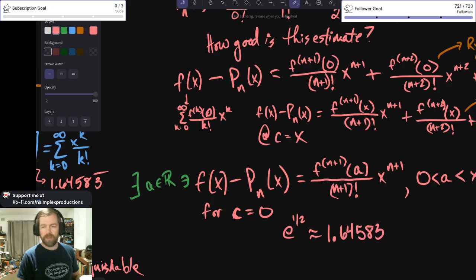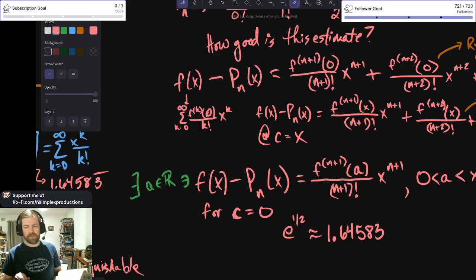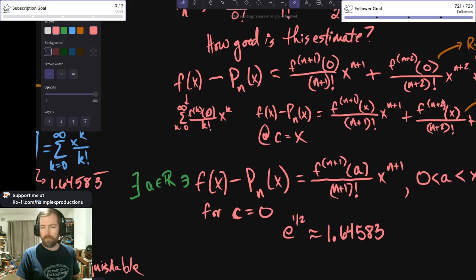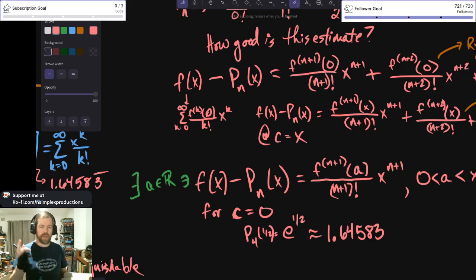Just keep it down to that many decimal places. We'll call it these 5 decimal places here. Okay. Then with this being a polynomial 4 at 1/2 is going to be e to the 1/2.